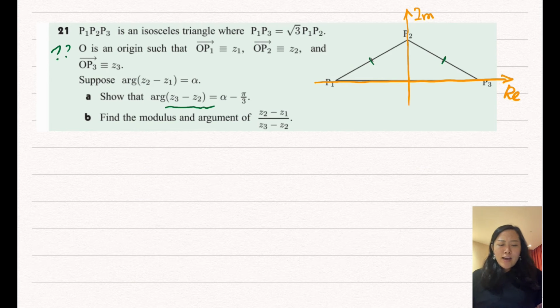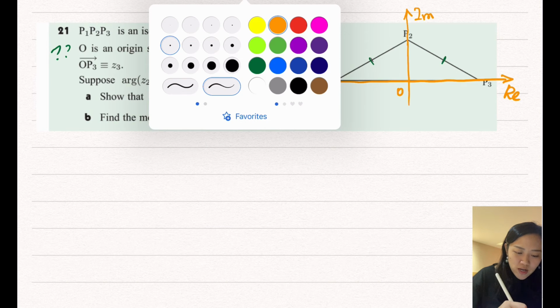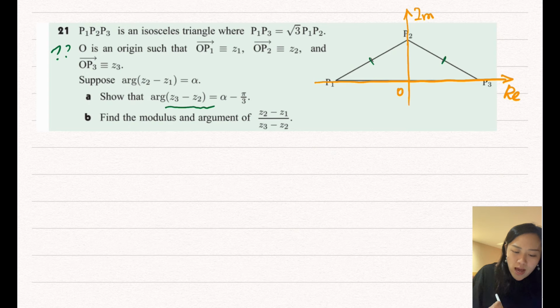All right. Now that we have established this set of coordinates, things start to become really simple for us. Did you realize? Our O as an origin is right in the middle. And for our Z1, I'm going to change the color. I'll change it to purple. Our OP1 is right here on the real axis.